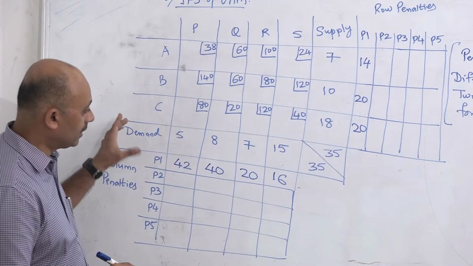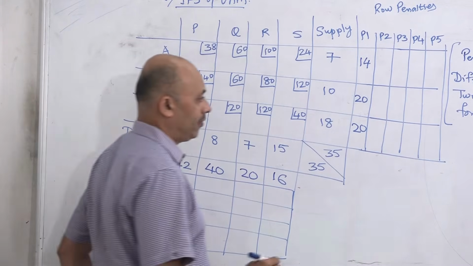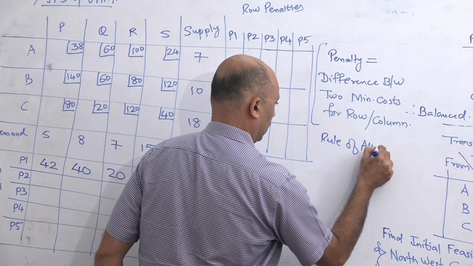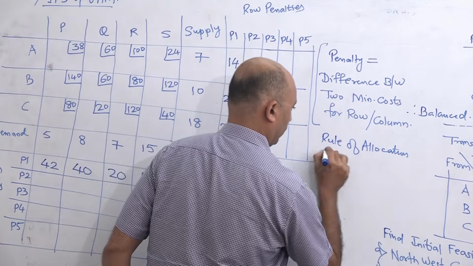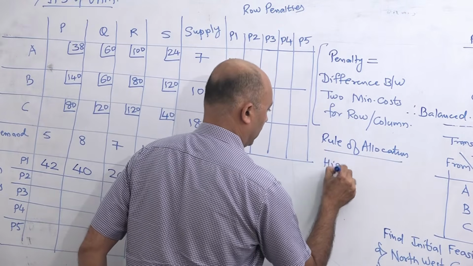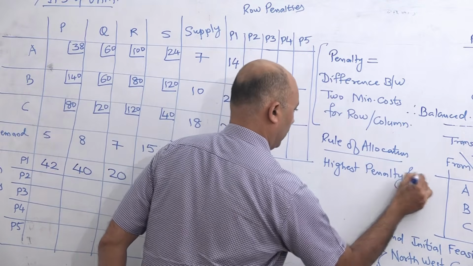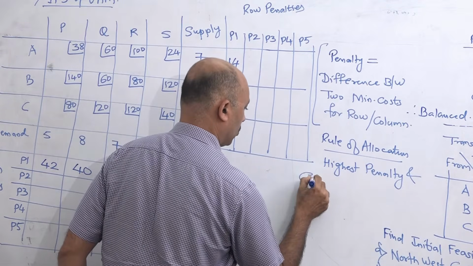Now the allocation will be given on the basis of penalties, and the rule of allocation is like this. Start with the highest penalty and find the corresponding minimum cost.